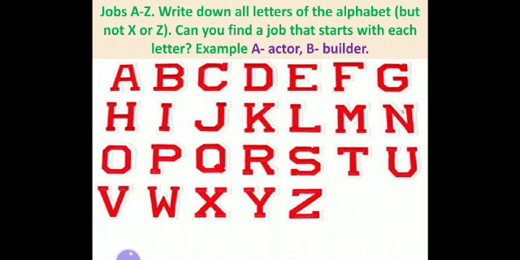In this game, you will write these letters into your exercise copybook in correct order, and you can find a job that starts with each letter. For example, here, A, actor, B, builder, N, nurse, M, mechanic, T, teacher, like this. Is it clear for you? Okay. You can write into your exercise copybook.